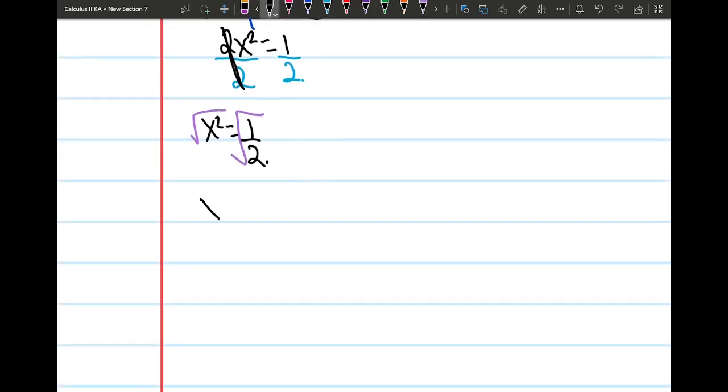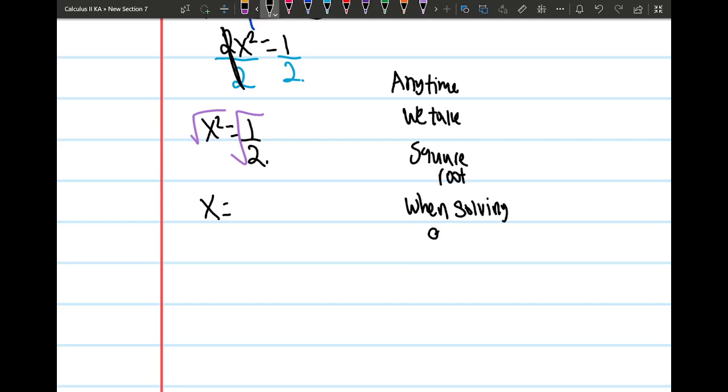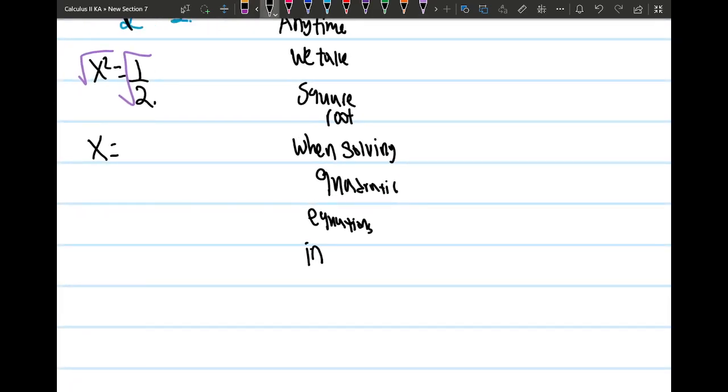So then we get x is equal to, and here's the thing: anytime you take the square root when solving quadratic equations by the square root method, we always want to take the plus or minus solution.